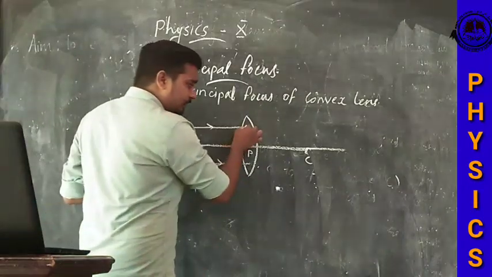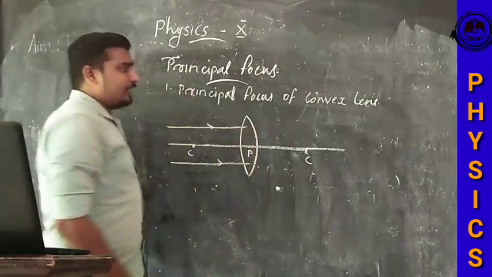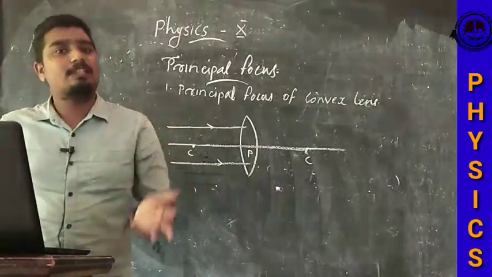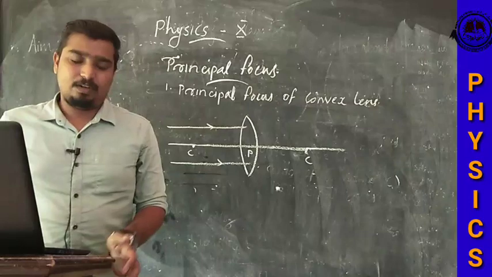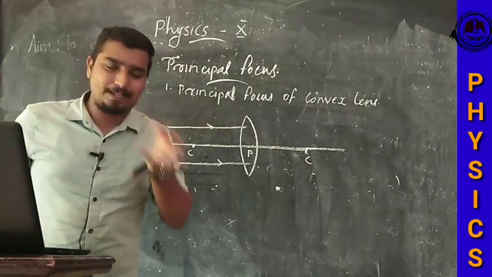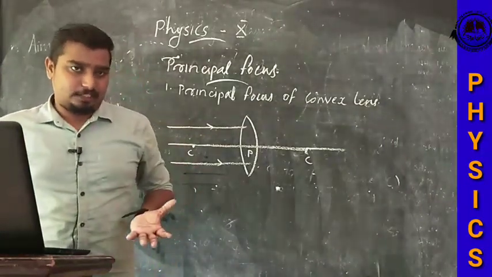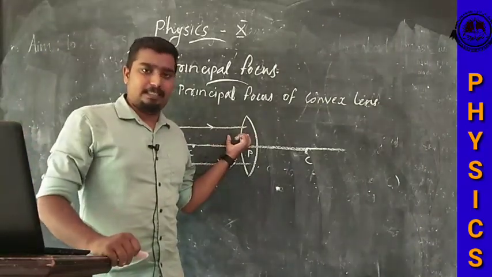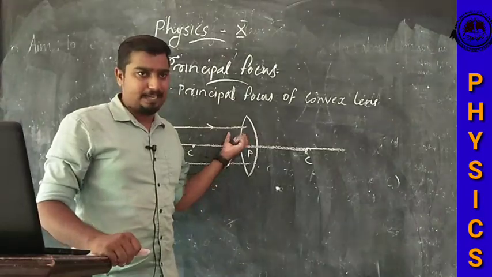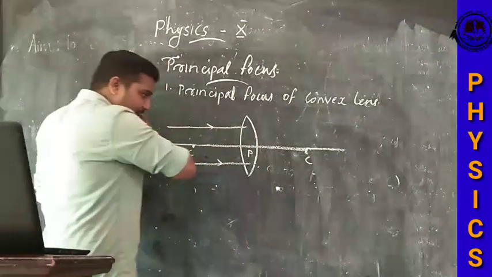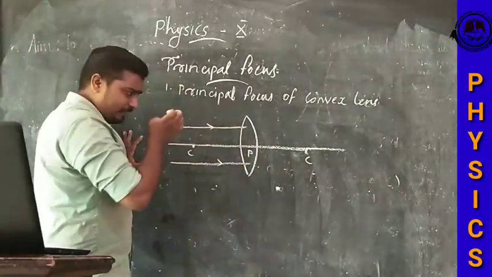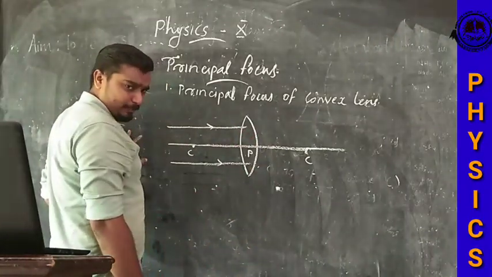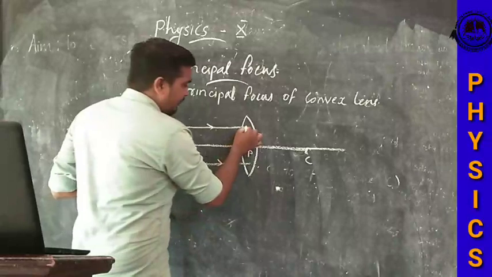In the case of spherical lenses, refraction takes place. We already studied in the case of mirrors, reflection takes place. Here, in the case of spherical lenses, refraction takes place. That is, when light passes through this lens, refraction takes place.